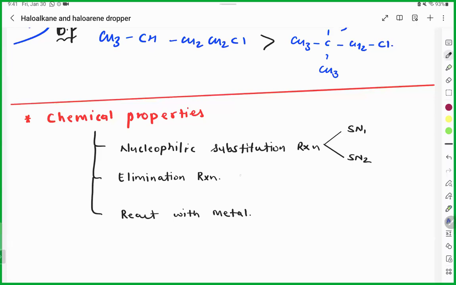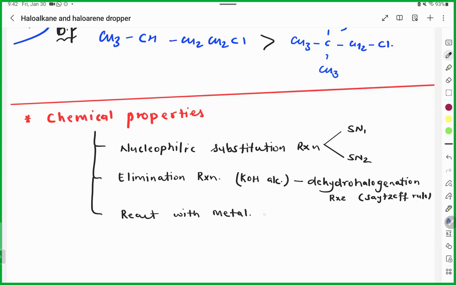In the elimination reaction, you will mainly use KOH in alcoholic condition, and dehydro means removal of hydrogen and halogen, the dehydrohalogenation reaction. Here you will have the Saytzeff rule, and here you will talk about the Grignard reagent.